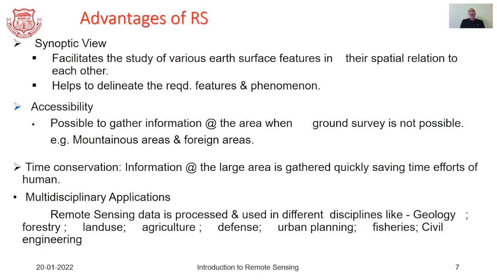This information is gathered quickly, it saves time, it saves cost, and most importantly, there is a variety of applications for almost all different disciplines like geology, forestry, land use, agriculture, defense, urban planning, fisheries, and all the civil engineering related structures, just for example.